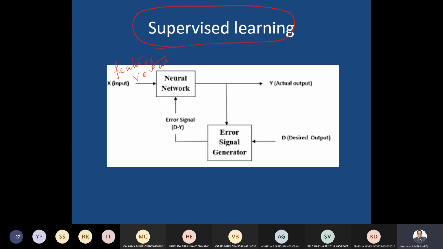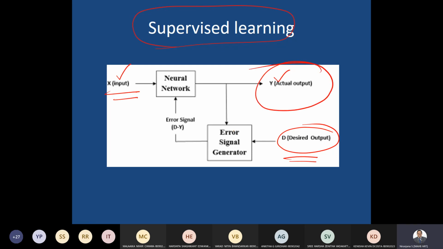So you may be trying to train one of the models, such as a neural network model, as written here. Then how can the arrangement look? You will be providing input. You'll be trying to derive some output. Whereas one more input you'll be providing is what you call the desired output. So these are the 2 things, a pair of vectors, you'll be using.